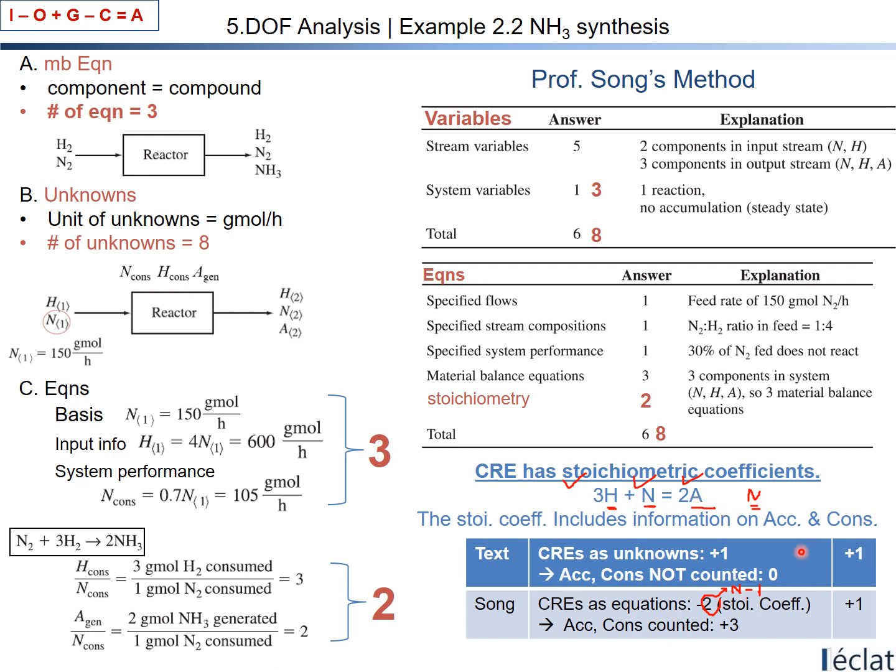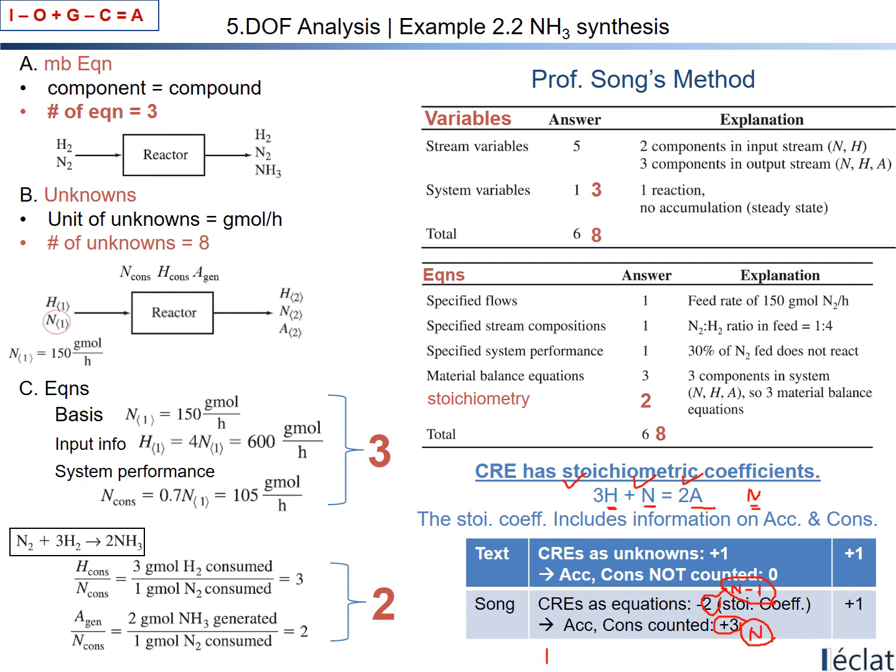So in the case of n entities, the number of generation and consumption terms should be n, right? So the n minus 1 is the restriction and n is the freedom.